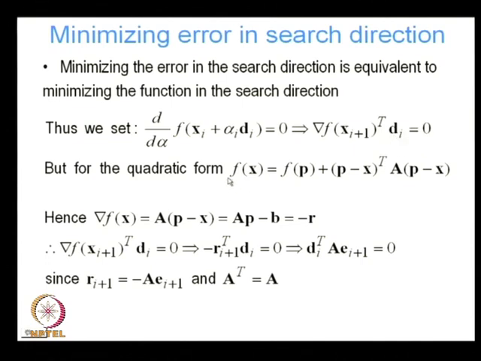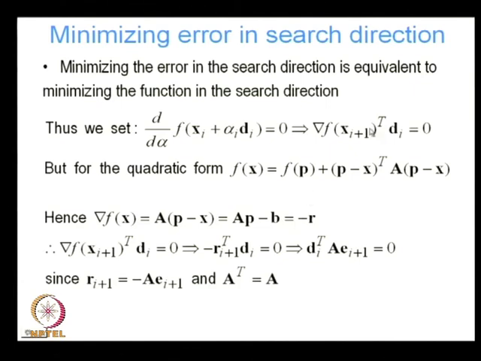But let us take a look at the equation for a quadratic form, which is f(x) = f(p) + (p - x) transpose A (p - x), right. Therefore, the gradient of f(x) is equal to A p - A x, which is A p - b, equal to minus r, right.